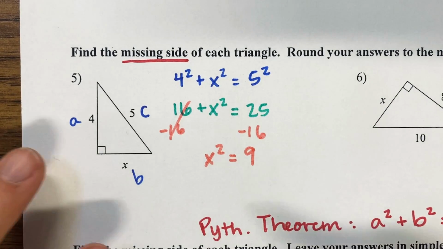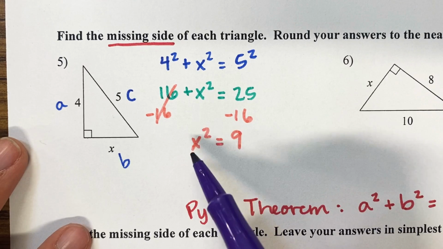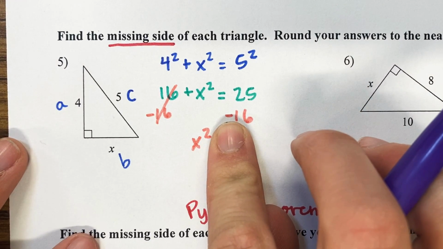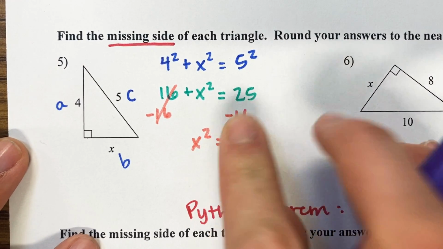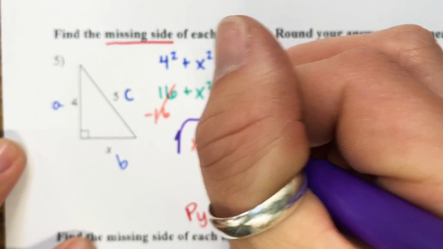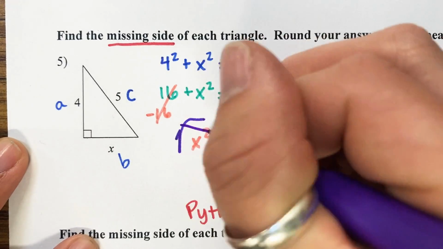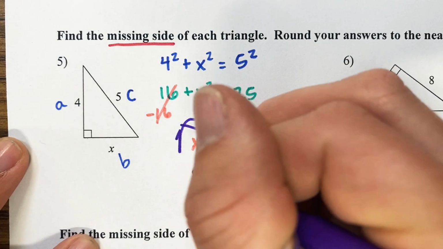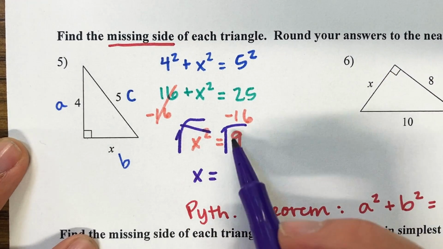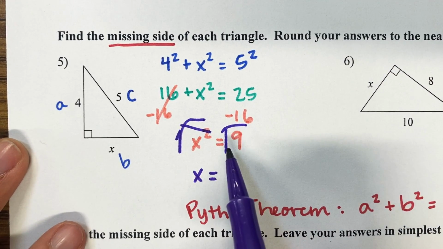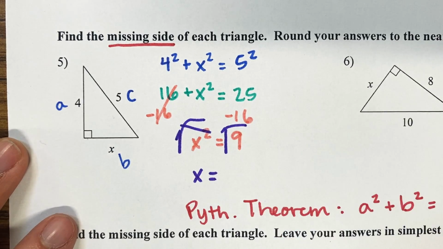Now my very last step to get x by itself is to do the opposite of squared. Remember, the opposite of squaring something is to square root it. Those cancel each other out, so I'm just left with x. And now I can do the square root of 9, or what is the number that multiplies by itself to give me 9?